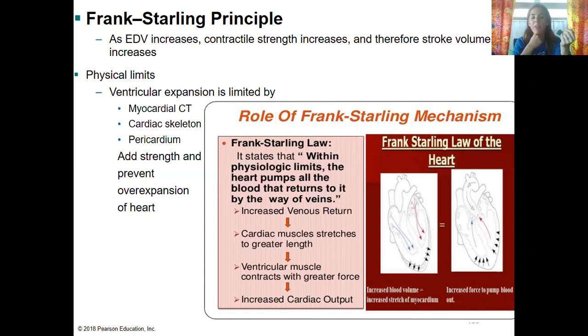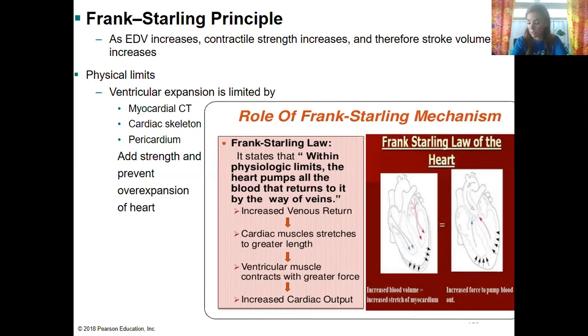There are physical limits to this because the ability for those ventricles to expand is limited by the myocardial connective tissue we saw in part 1, the cardiac skeleton and the pericardium. Those three things that surround the heart add strength to the heart, but they also prevent overexpansion of the heart. So it's not like you can have a ton of EDV and have this big, massive thing occurring.